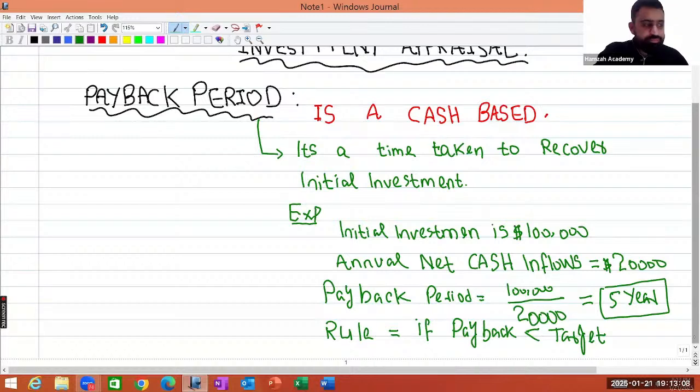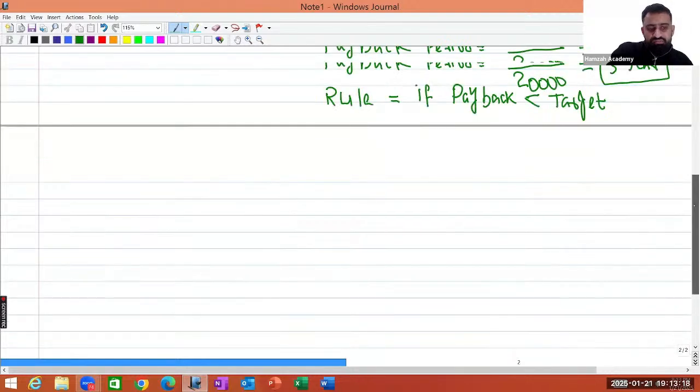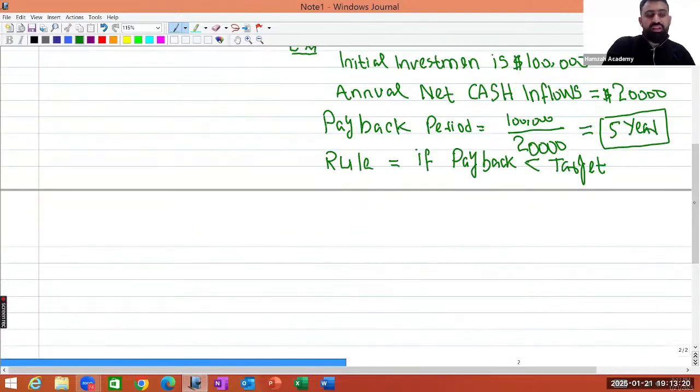Now, in this example, we have assumed that annual cash flow would be $20,000. But as you know, in many cases, the cash flows would not be the same on annual basis. And in that case, if we have to calculate the payback, then how will we calculate it?